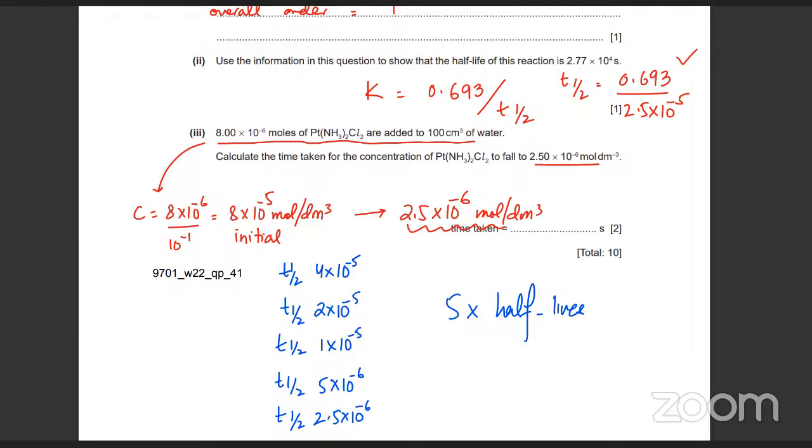And what was one half-life? The time taken for one half-life is over here. It was 2.77 times 10 power 4 seconds. So 5 times, every time the concentration decreases by a half, it took 2.77 times 10 to the power 4 seconds.